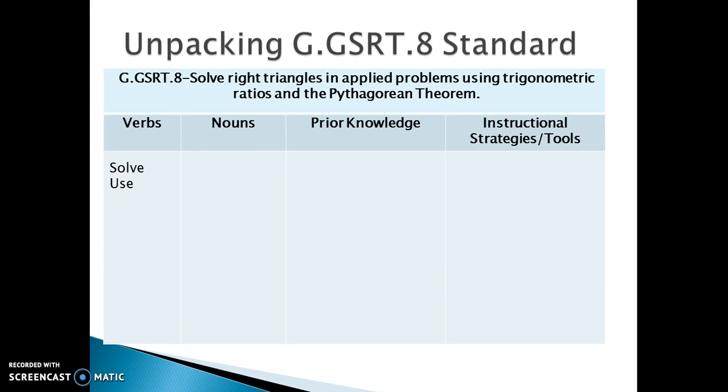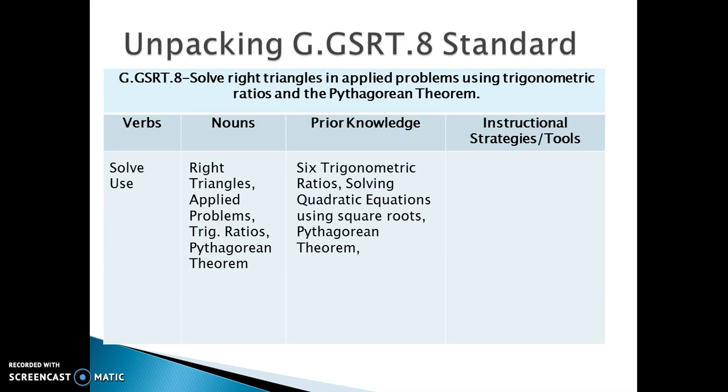So solve and use. Nouns would be right triangles, applied problems, trig ratios, and Pythagorean theorem. Definitely prior knowledge would be knowing about the 6 trigonometric ratios, how to solve simple quadratic equations using square roots methods, and applying the Pythagorean theorem.